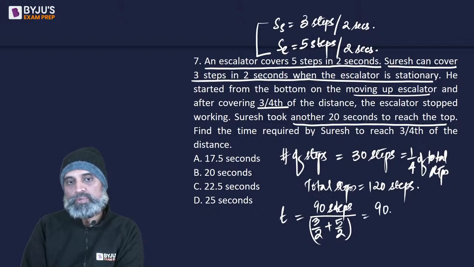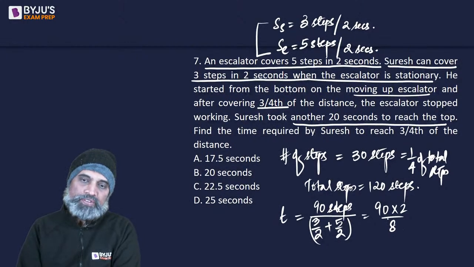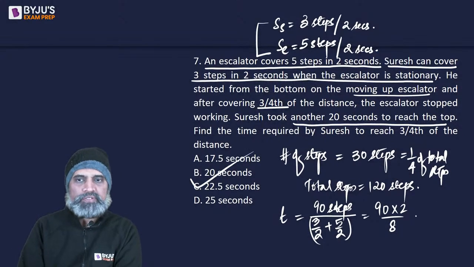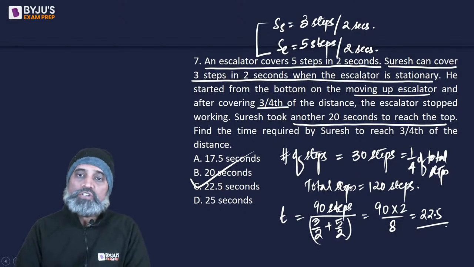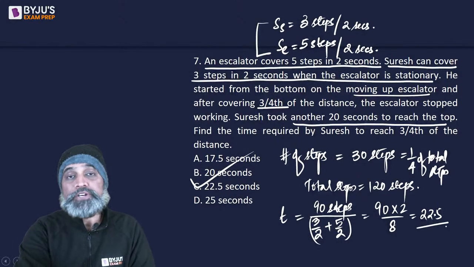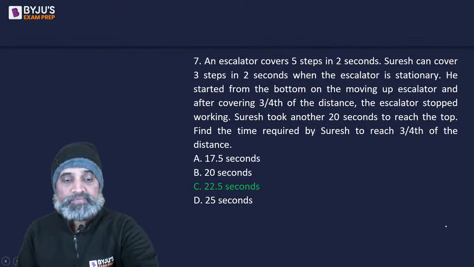So this is going to be 90 into 2 upon 8, which I believe should be 22.5, right? So Suresh would have taken 22.5 seconds to cover 3/4 of the escalator.